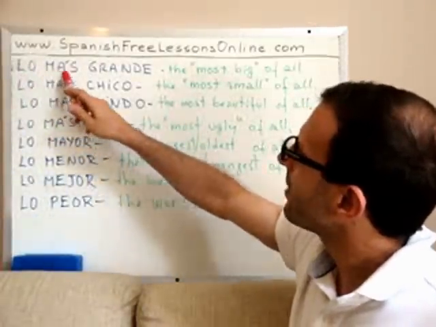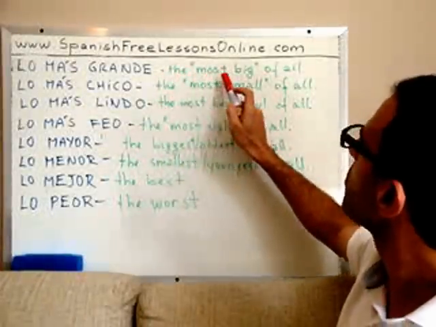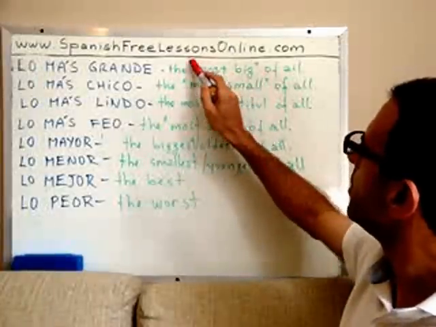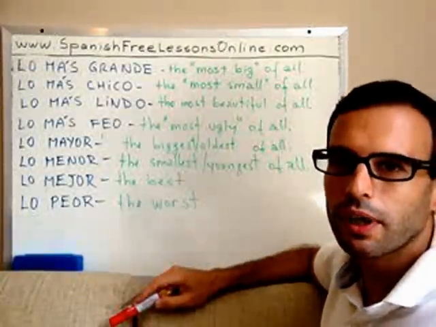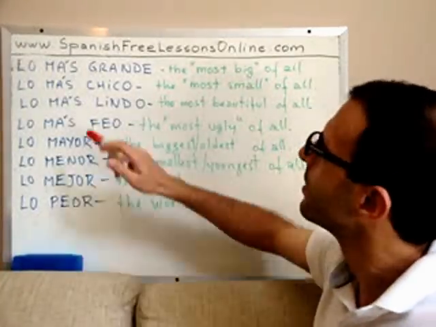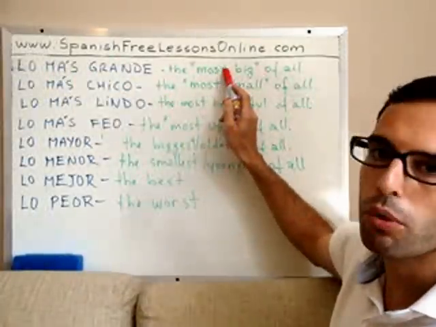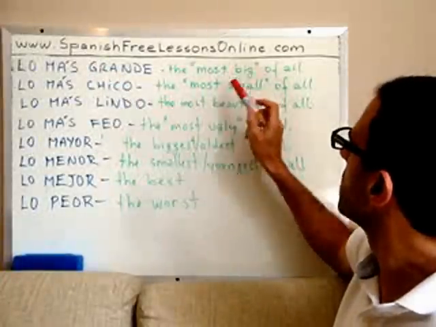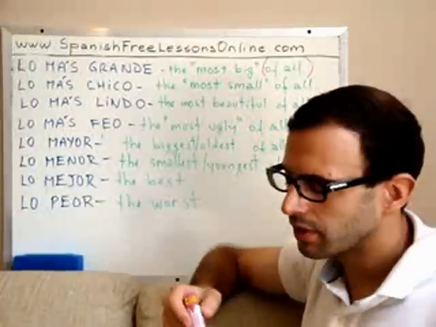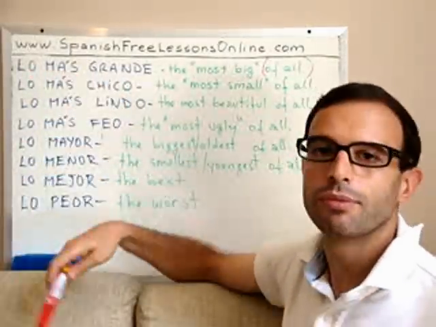Lo más grande. The most big of all would be, okay? I wrote "most big" between quotes because I know that in English it's wrong. You just say the biggest, okay? But I wrote it like this because más would be more or most, grande would be big, and this is just for you to understand that we are referring to something abstract, okay?